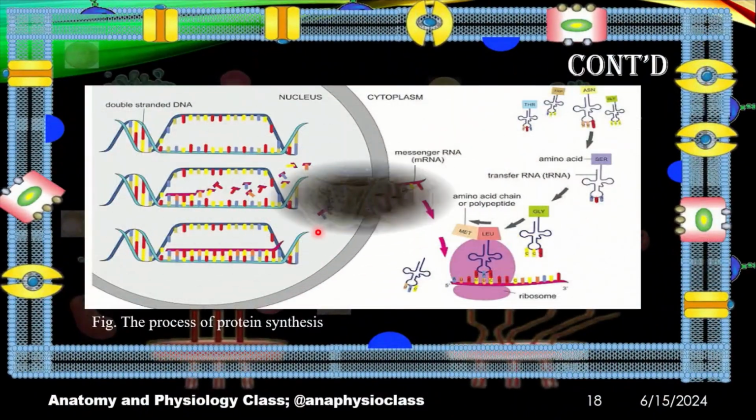So this diagram explains what protein synthesis is all about. It represents the internal part of the cell, where we have the nucleus, and the nucleus is also present within the cytoplasm, and the free space of the cytoplasm is outside of the nucleus.